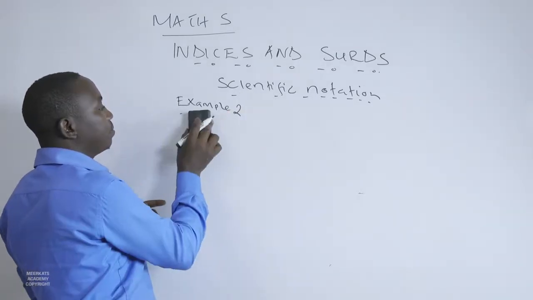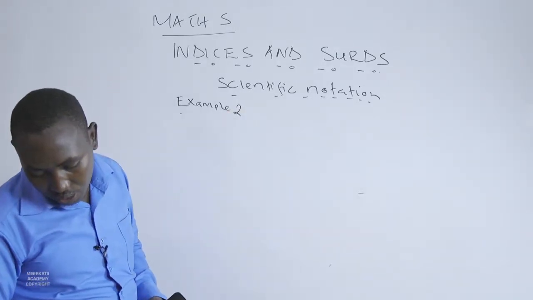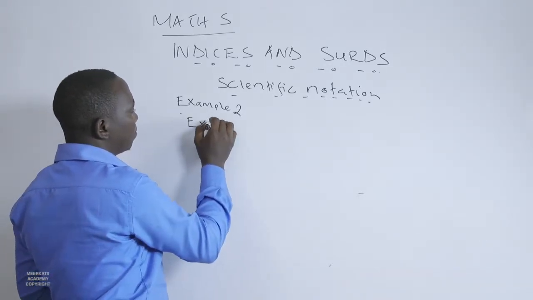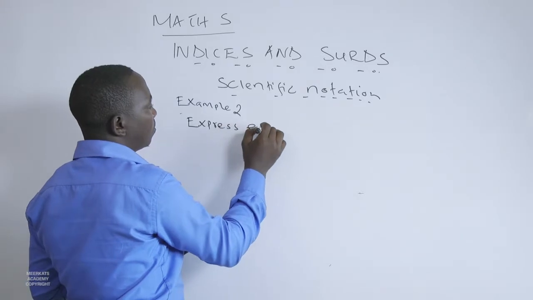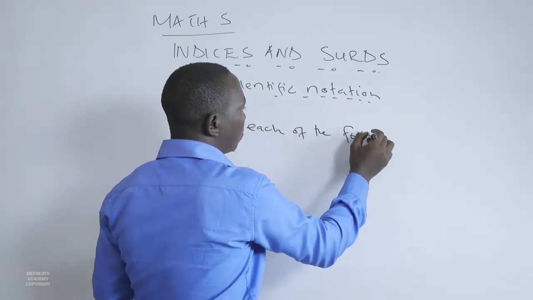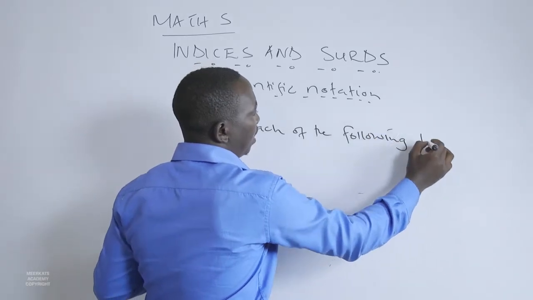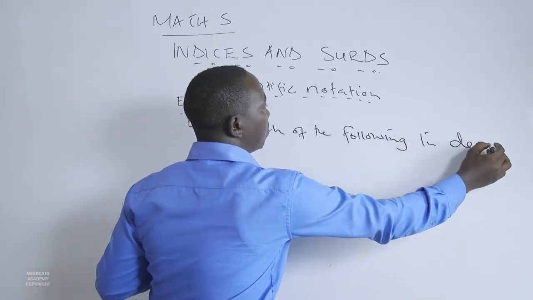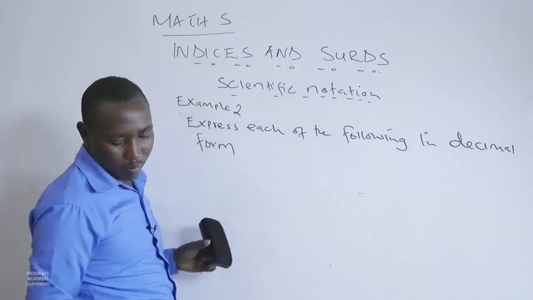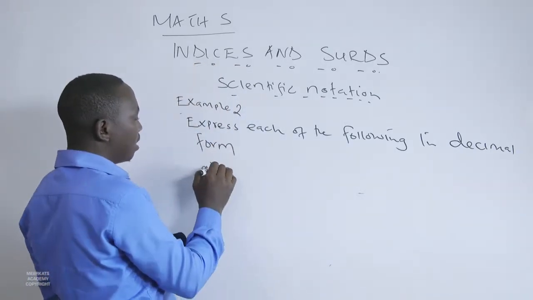Example 2, we are told to express each of the following in decimal form. So sometimes you can be asked to revert back.